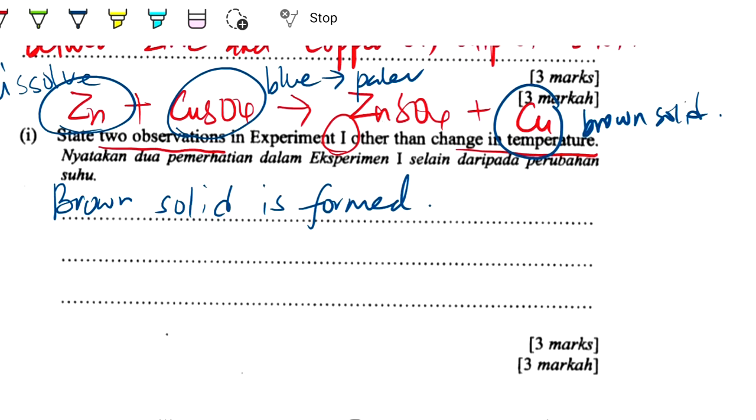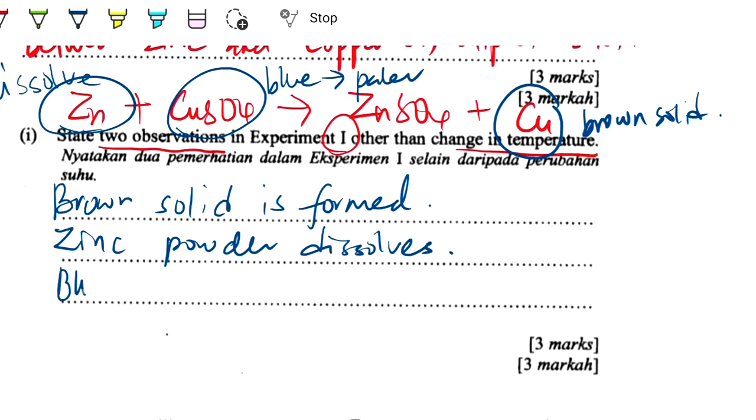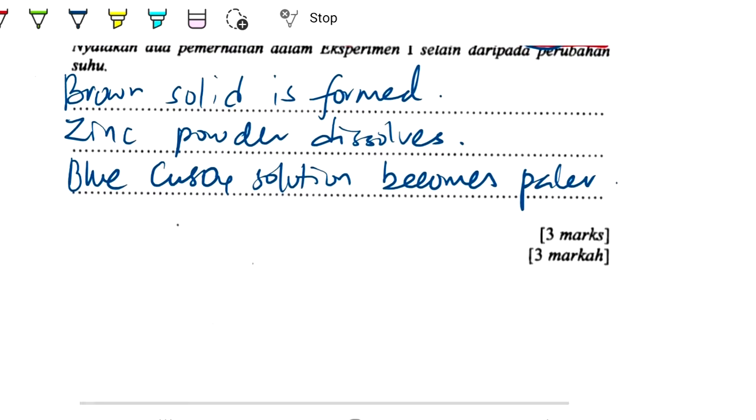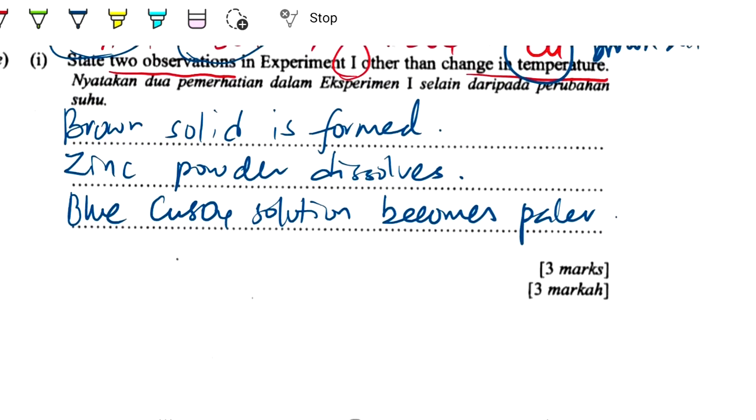The second, zinc powder dissolves. Another one you can write is the blue copper 2 sulfate solution becomes paler. So this is how you can write your observation. You can choose any two.